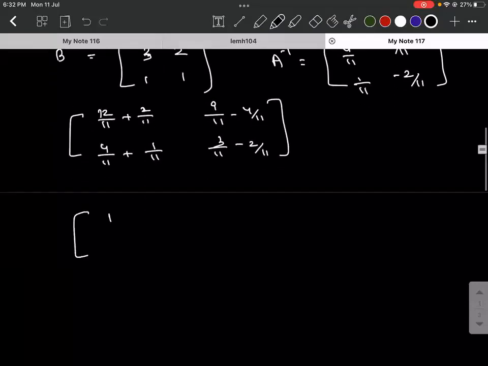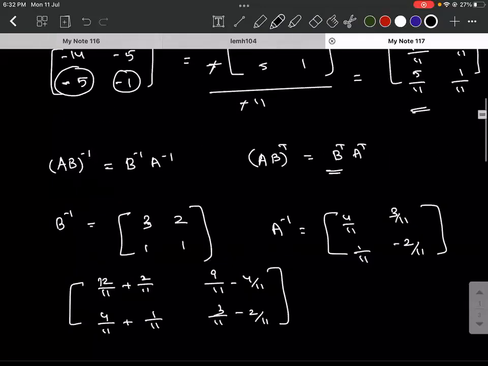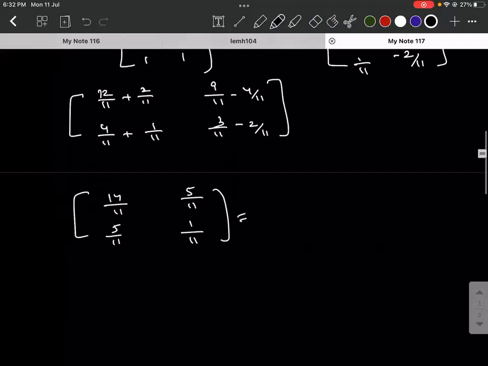So this will give you 14 by 11, 5 by 11, 5 by 11, 1 by 11. So this is also equal to AB the whole inverse. Is it right?